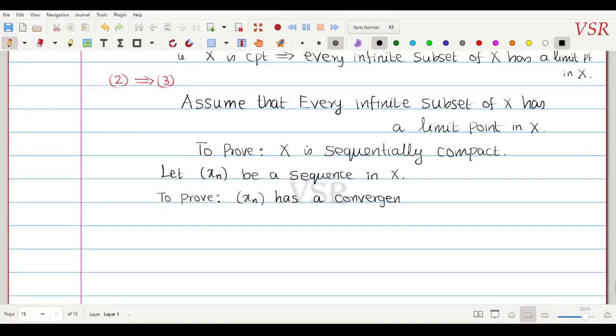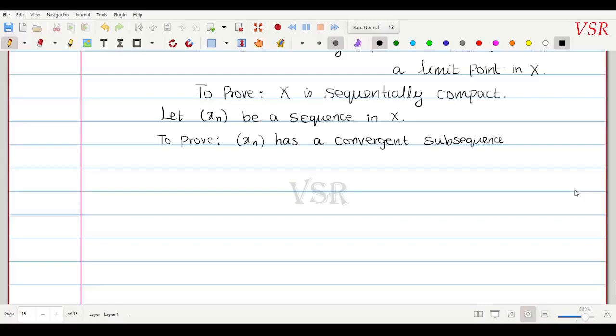Now let capital S, which I call the range of xn, such that n belongs to natural numbers N. This is the range of the sequence xn.